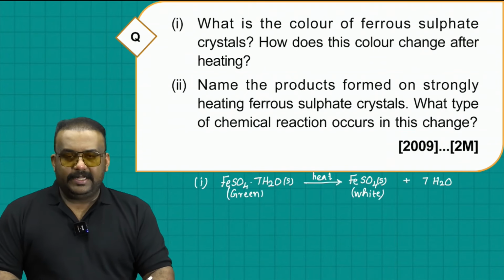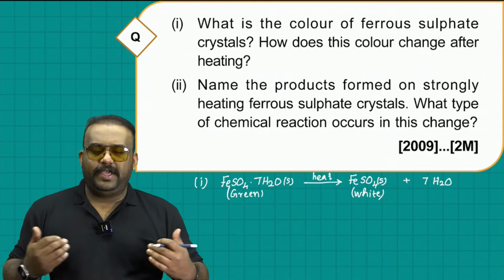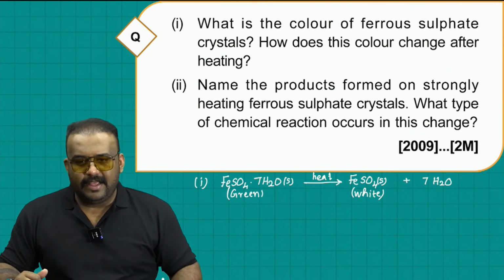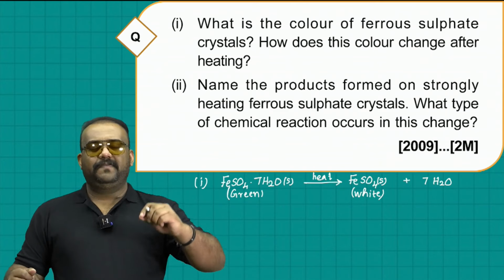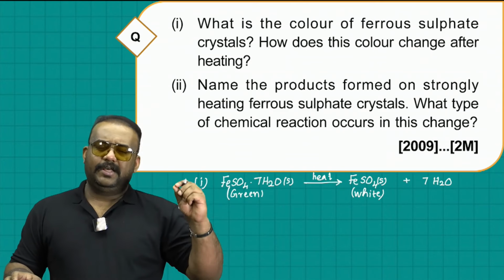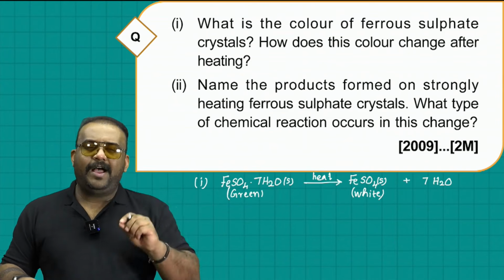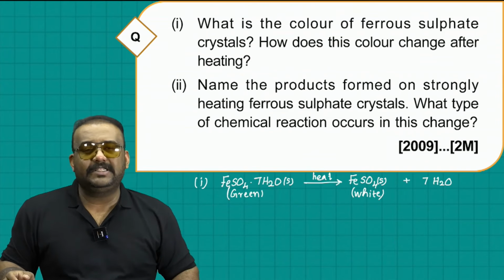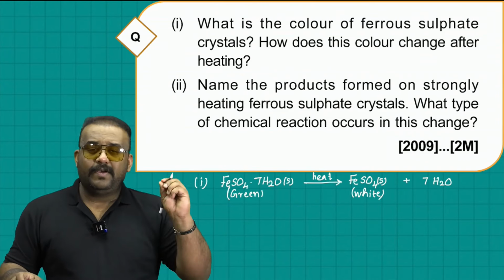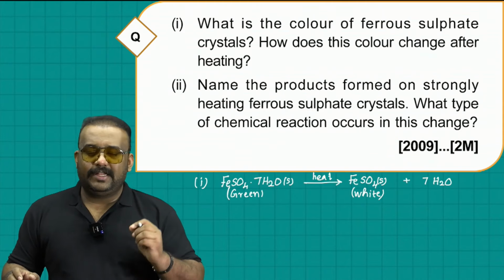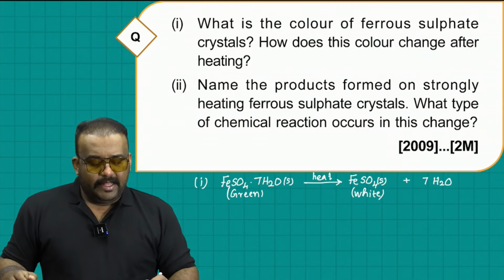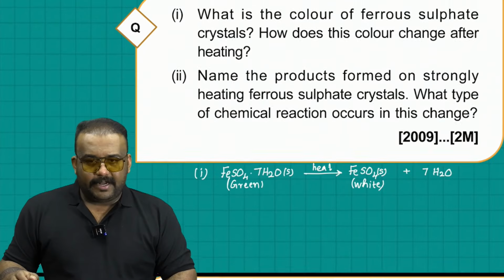So we can say the change that you observe when you heat ferrous sulfate crystals is that the pale green color of the ferrous sulfate will change into white color due to the formation of anhydrous ferrous sulfate. That means ferrous sulfate without water of crystallization. That is called anhydrous ferrous sulfate. So that is the answer for the first part.